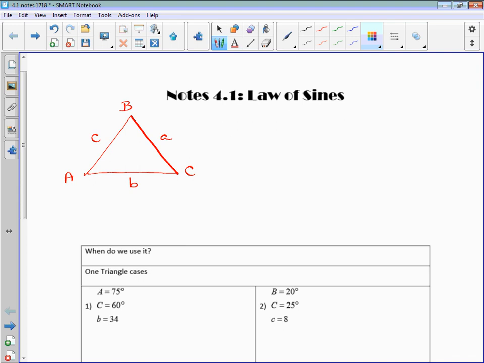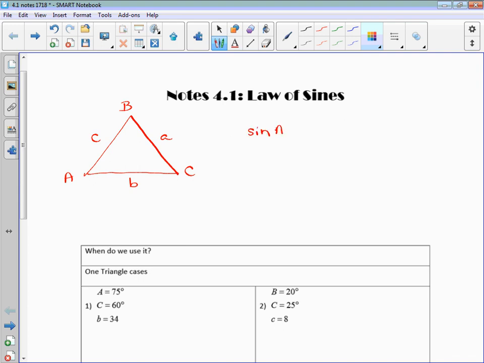The angles for your triangle are going to be either capital letters or Greek letters, and then the sides are the lowercase version of that. So side a is across from angle A, side b across from angle B, etc. Your formula for the law of sines, again, works with any triangle, not just a right triangle.